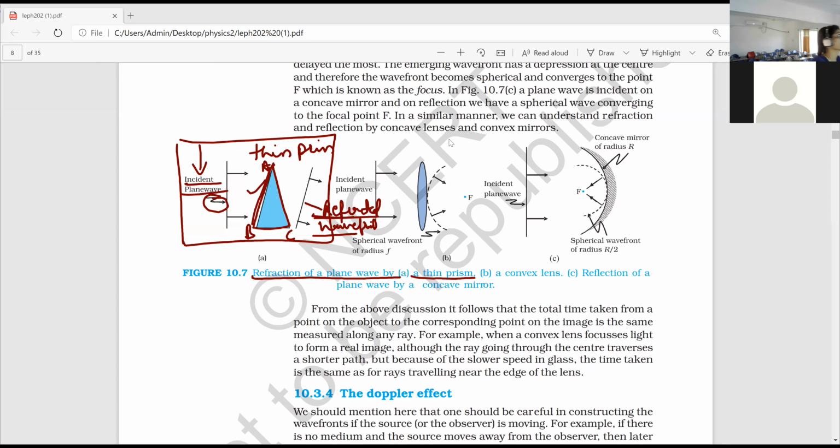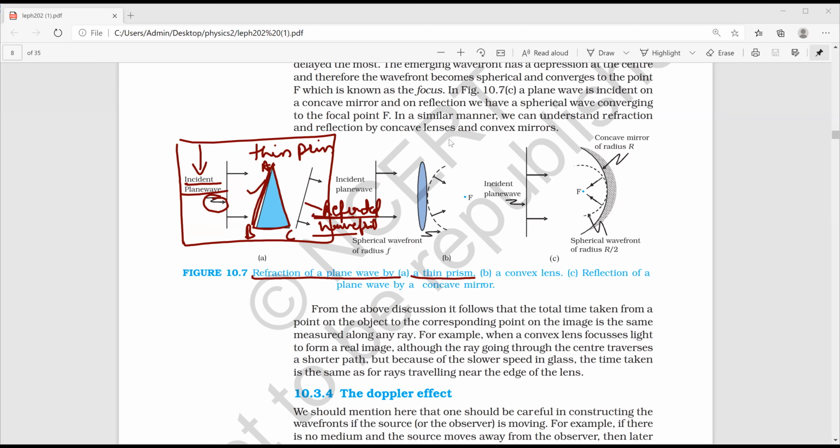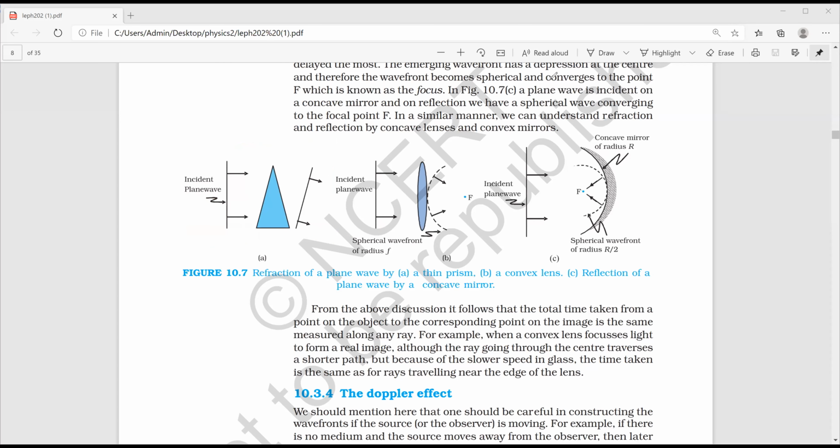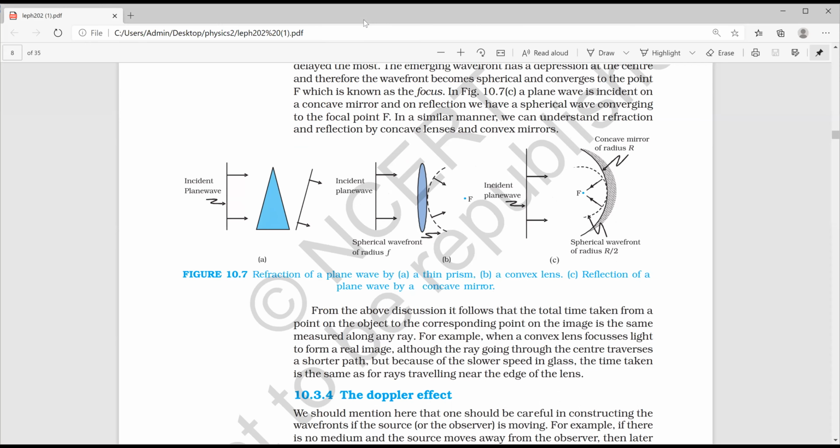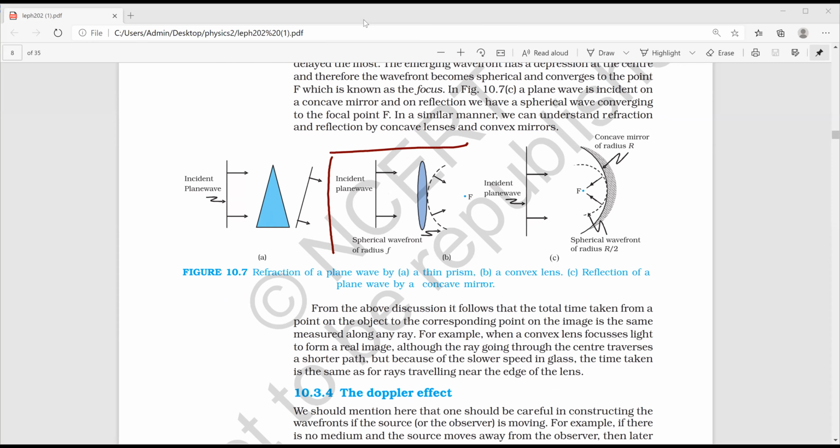For that we are considering this diagram, to explain refraction of a plane wave in case of a convex lens.